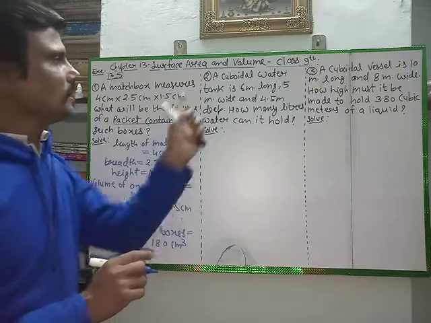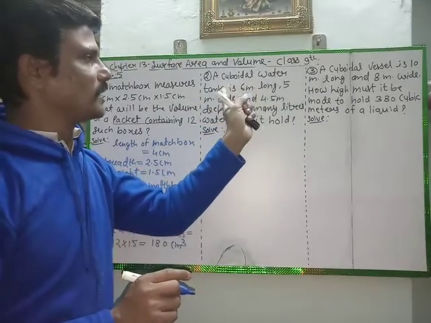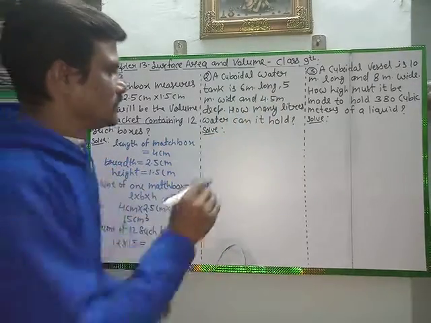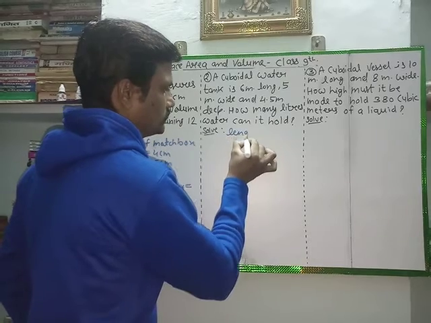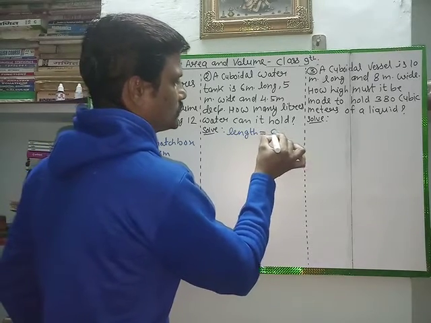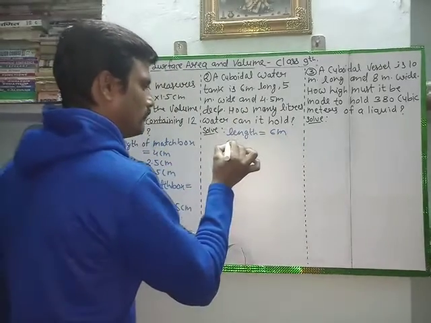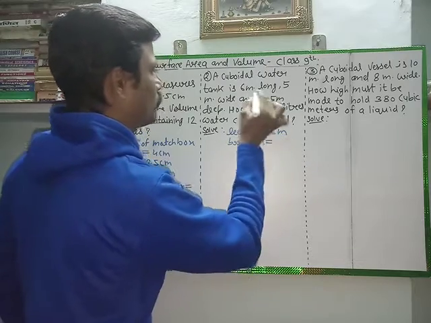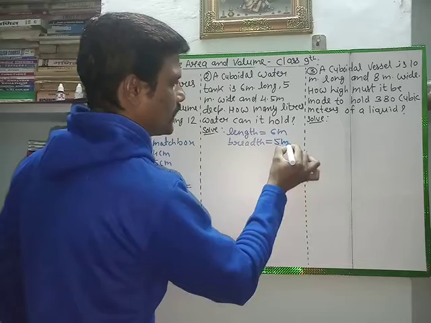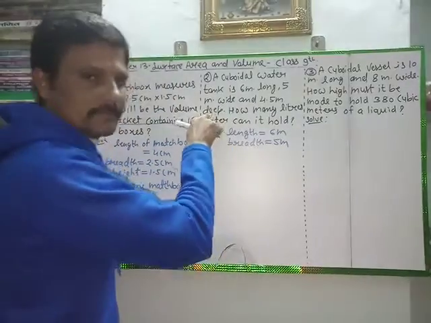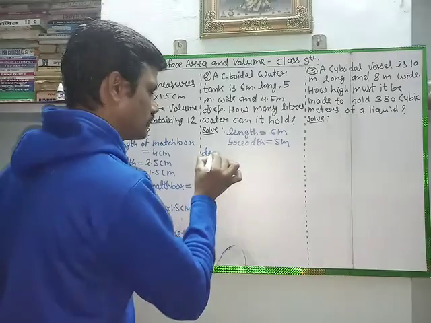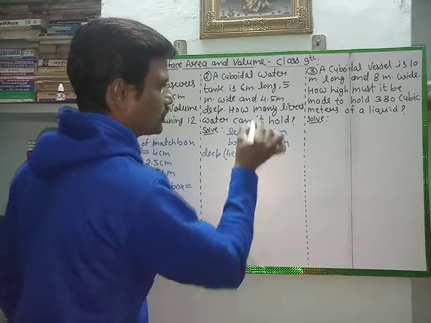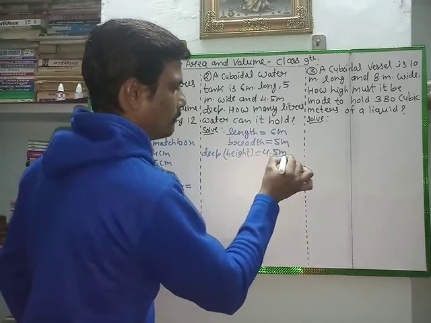Question number second. A cuboidal water tank is 6 meter long. A water tank is given, its length is equal to 6 meter. Breadth is equal to 5 meter, and height, that is depth, is equal to 4.5 meter.